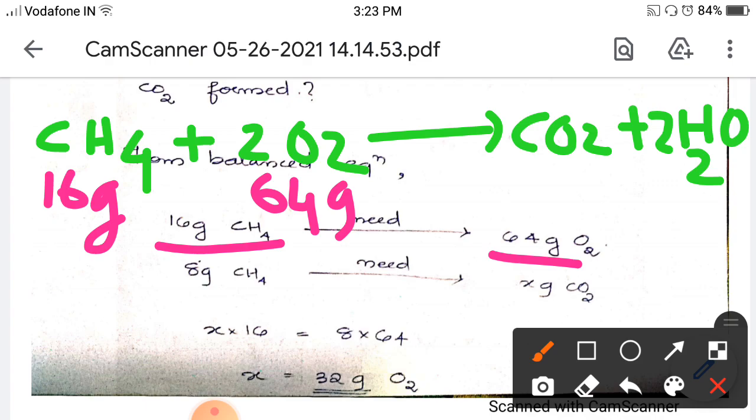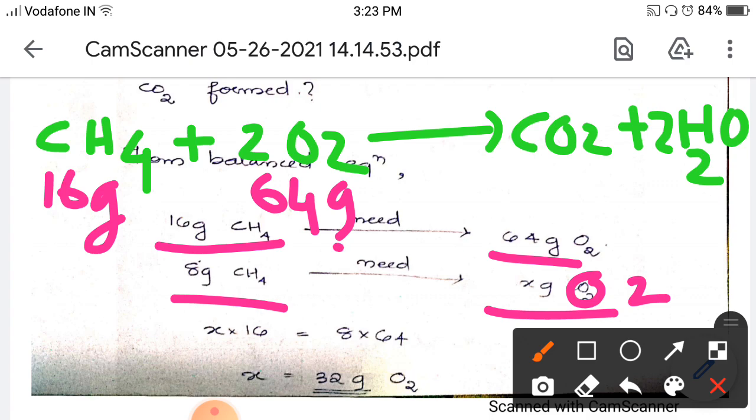Now from the question, 8 gram CH4 reacts with 34 gram O2. So we are finding out which is the limiting reagent. Here 8 gram CH4 needs X gram of, sorry, this is O2, not carbon dioxide. 8 gram CH4 needs X gram O2.